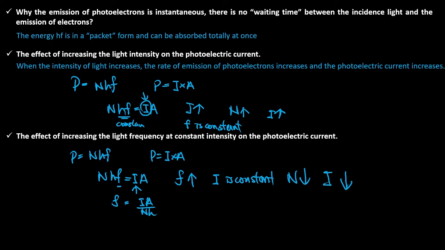So current will decrease. Okay, so the rate of emission of photoelectrons decreases and the photoelectric current decreases. So this is how you use the quantum theory to explain the photoelectric effect.